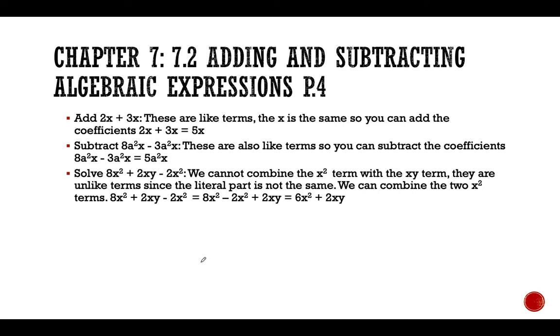So the expression becomes 8x squared minus 2x squared plus 2xy. We can subtract the coefficients on the like terms, 8x squared minus 2x squared, and then leave the 2xy term alone. So the answer is 6x squared plus 2xy.